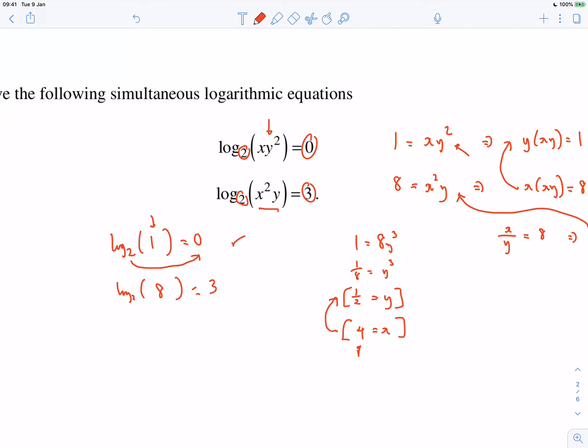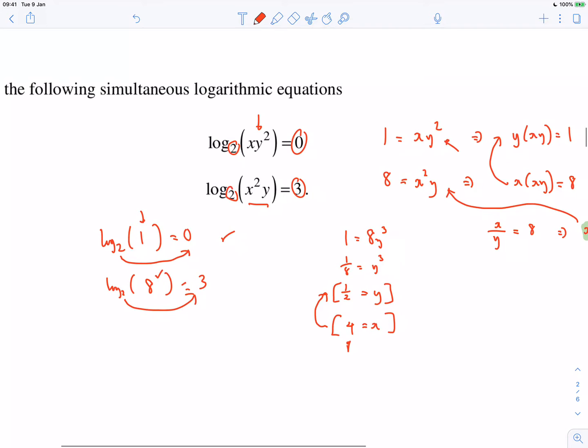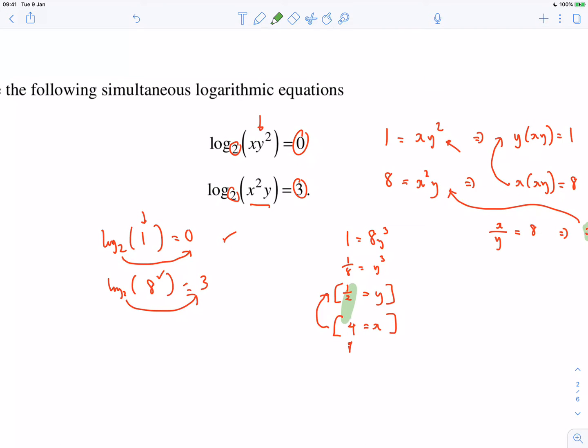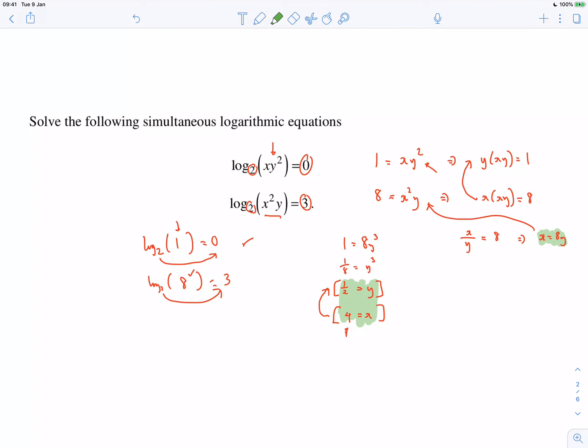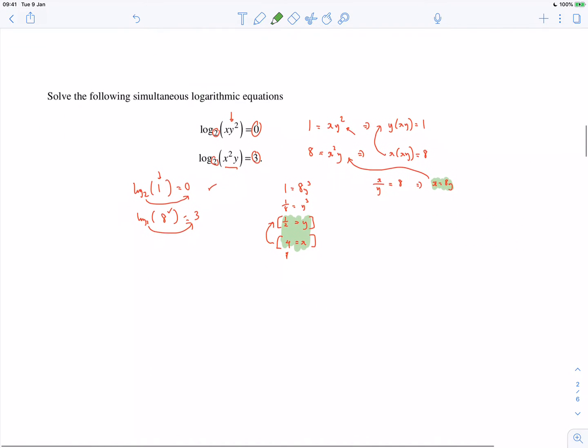Does that equal 3? 2 to the 3 is 8. Yes, that works. So there you go. x is 4 and y is 1/2. Those are the only solutions to this. Cool. Only real solutions anyway.